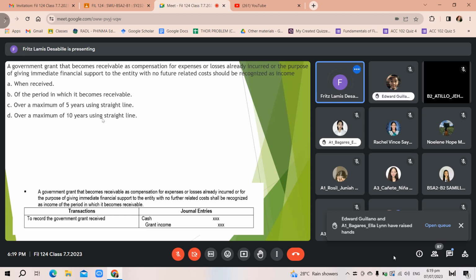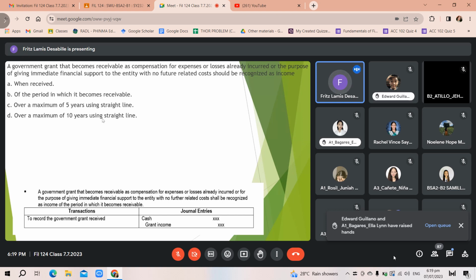So here is another one. A government grant that becomes receivable as a compensation for expenses or losses already incurred, or for the purpose of giving the immediate financial support to the entity with no future related cost, should be recognized as income.